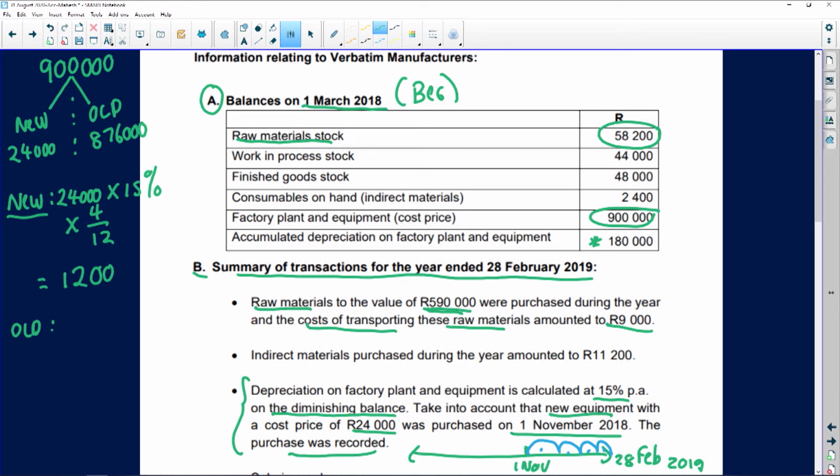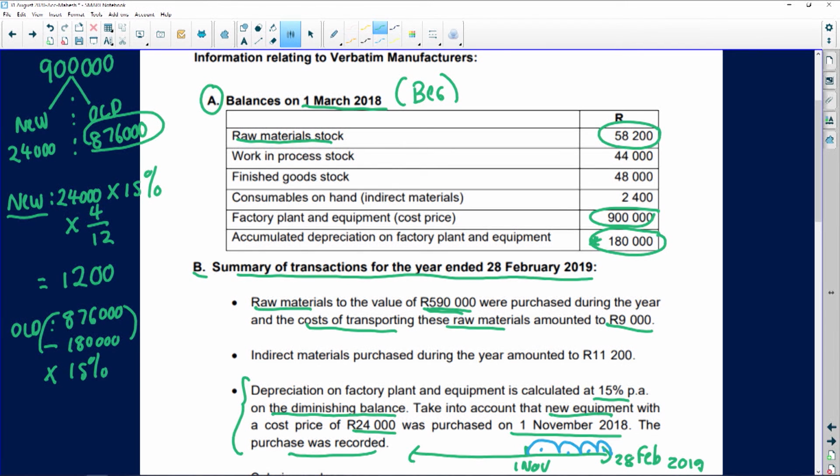So my old plant and equipment, the cost, an amount of $876,000. Don't forget, you've got to minus accumulated depreciation. So there's that accumulated depreciation amount, $180,000. Okay, and then I multiply it by 15%.